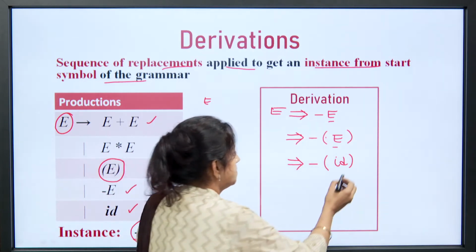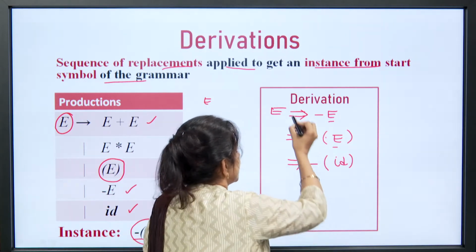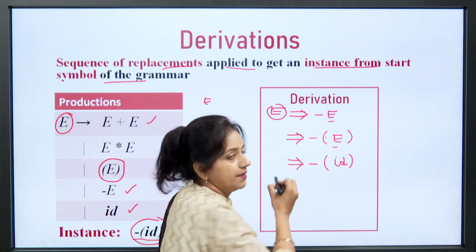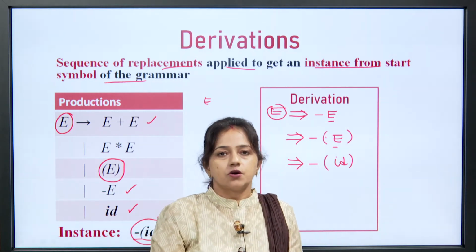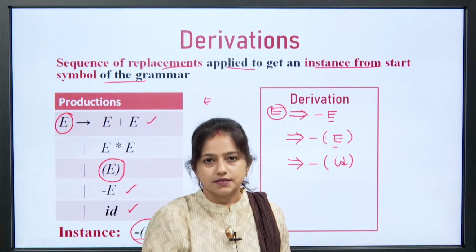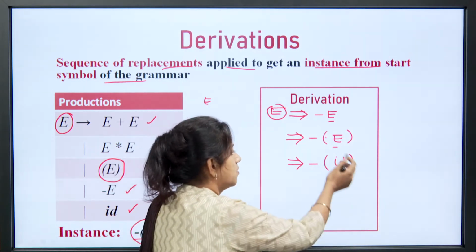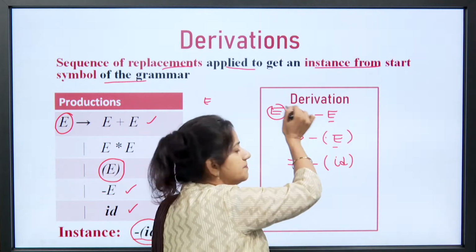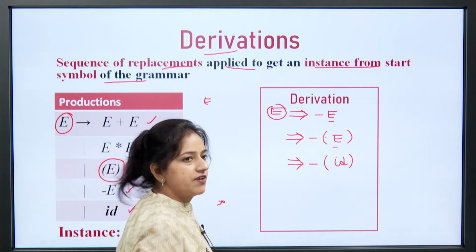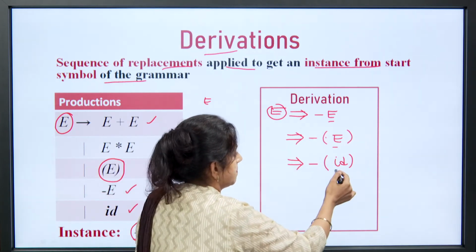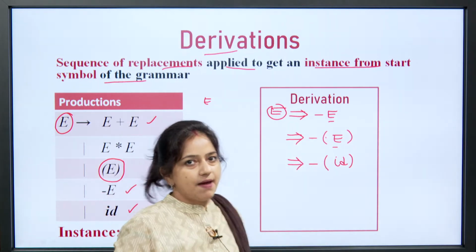So, to get a particular instance, we started from the start symbol of the grammar, and then we applied a certain sequence of replacements. This sequence of replacements that we apply to get a particular instance from the start symbol of the grammar is known as derivation. So, this is the derivation of minus opening parenthesis ID and closing parenthesis.